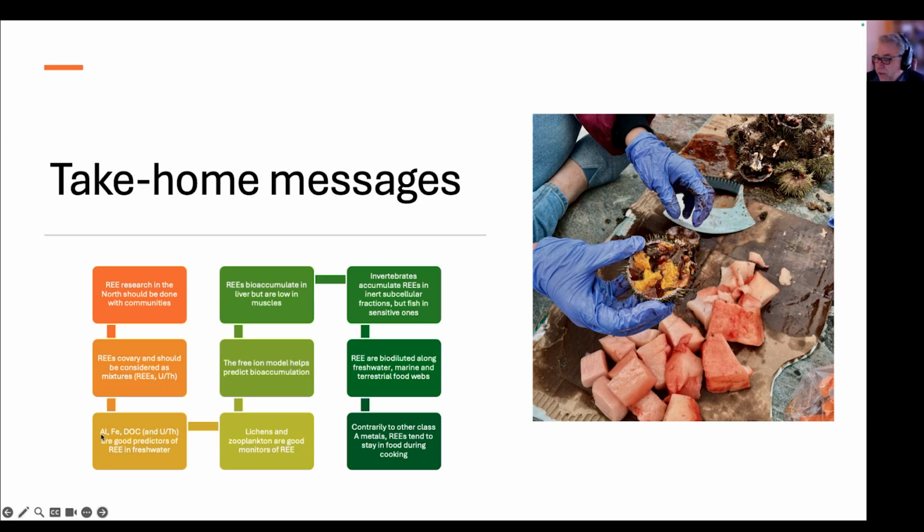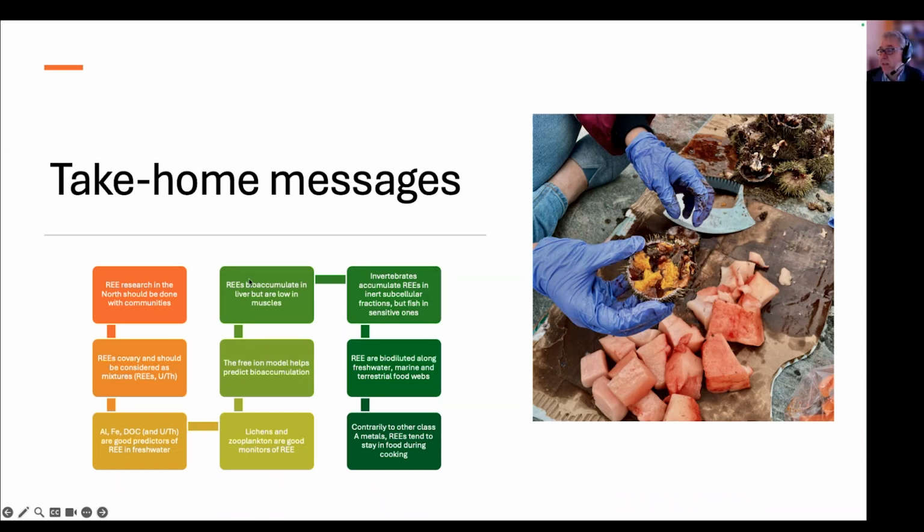Aluminum, iron, and DOC are good predictors of REEs in freshwater. Lichens and zooplankton are good potential monitors of REEs, one for the atmosphere, the other for the water. The free ion model helps predict bioaccumulation, at least in zooplankton. We've done it also with fish in the south. It works also a bit.